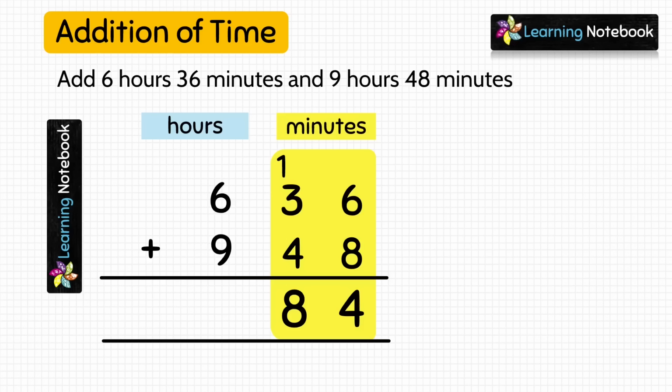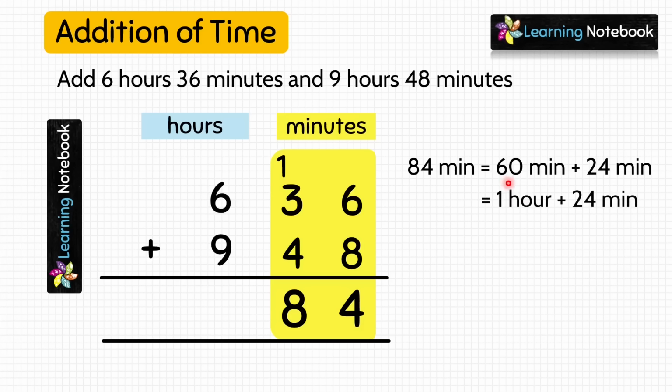And we know 1 hour has 60 minutes. And 84 is greater than 60. So it means we have to convert 84 minutes into hours and minutes. So let's write 84 minutes as 60 minutes plus 24 minutes. And 60 minutes equals 1 hour.